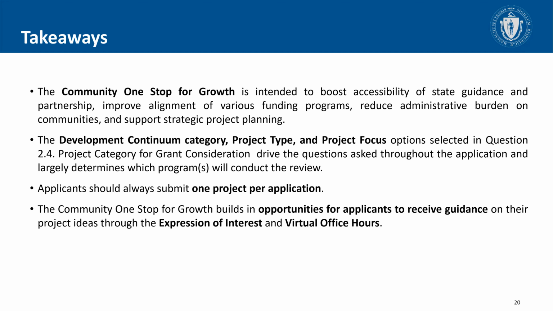The development continuum category, project type, and project focus options selected in question 2.4 really is what drives all the questions that will then be asked throughout the rest of the application, and will allow you to determine which programs will be reviewing that application.